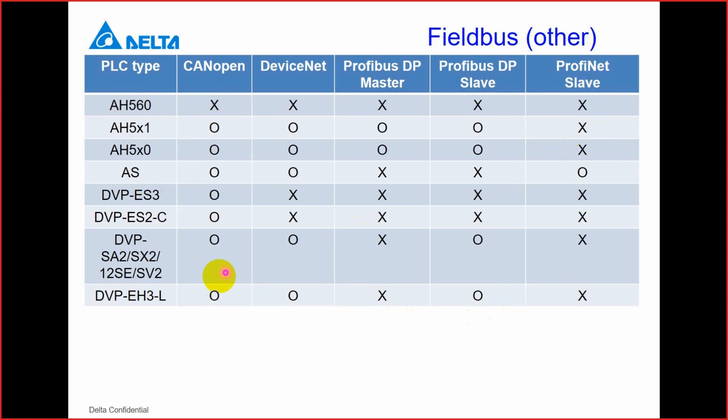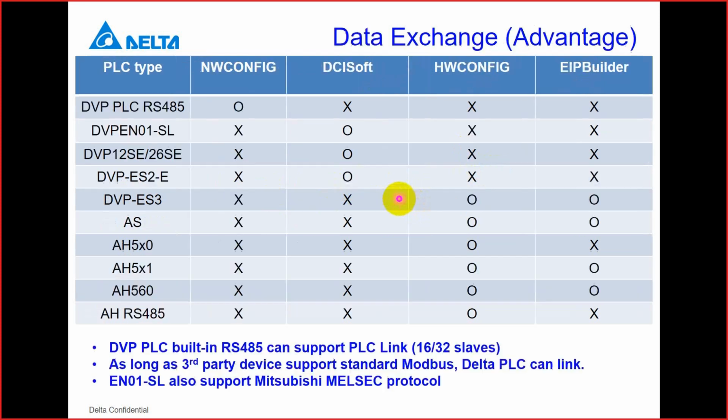Here you can find that actually most of our solution is not a very complete solution, because H series we don't have Profinet, but AS series we don't have Profibus. Anyway, this just lets you know what we have for different series of PLC.